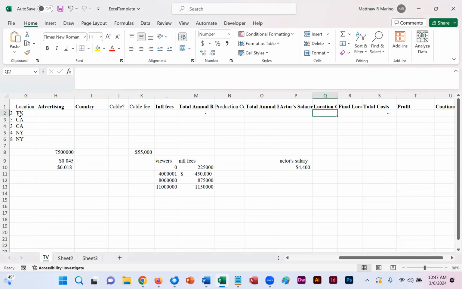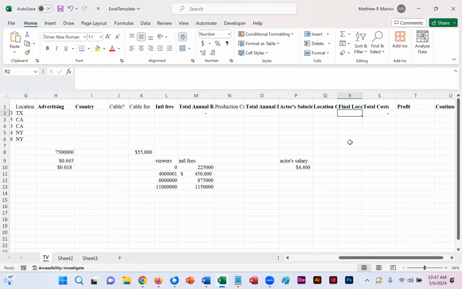So if the text here in column G equals NY, comma, the 1.35% times your total annual revenue here from column M, otherwise zero.